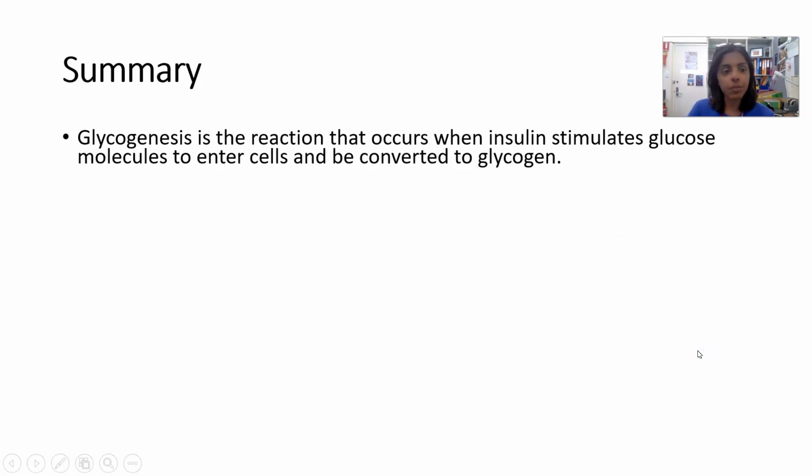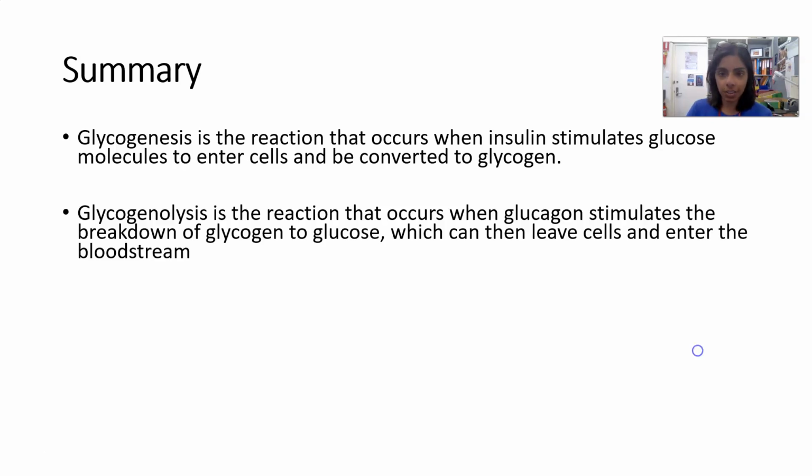All right, here's a very quick summary of what we have learned in this lesson. Glycogenesis is the reaction that occurs when insulin stimulates glucose molecules to enter cells and to be converted into glycogen.